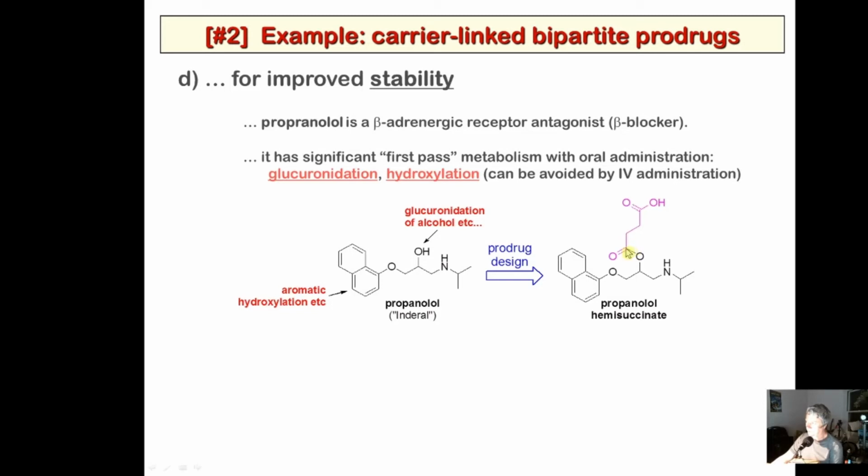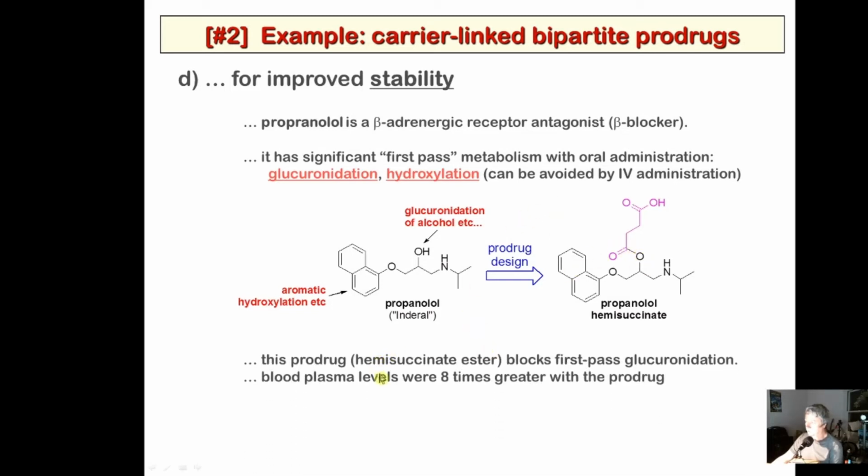So this oxygen attacks and kicks this off, and then you make the drug. So it's a hemisuccinate ester. Hemisuccinate esters are a pretty common prodrug strategy for alcohols. And it blocks first pass glucuronidation.